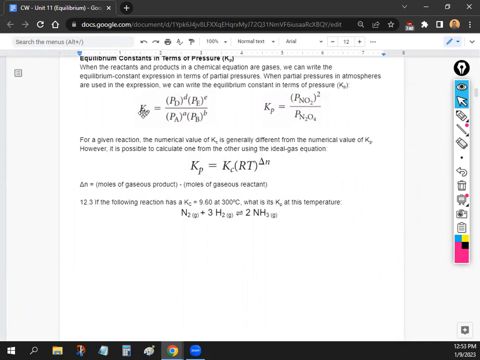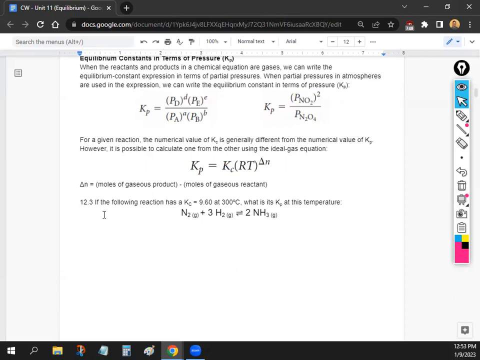So we can write a partial pressure equilibrium expression, and it's the same thing, but instead of concentration, we use pressure, so atmospheres, torr, etc. It's the same process. And then we can also calculate Kp using the equilibrium constant with this equation right here.